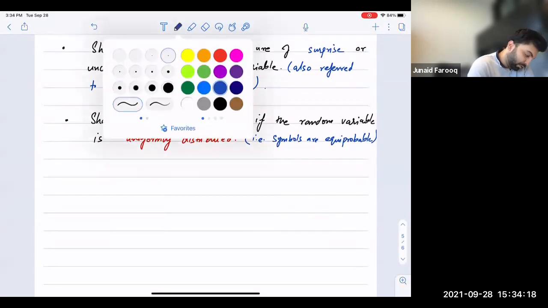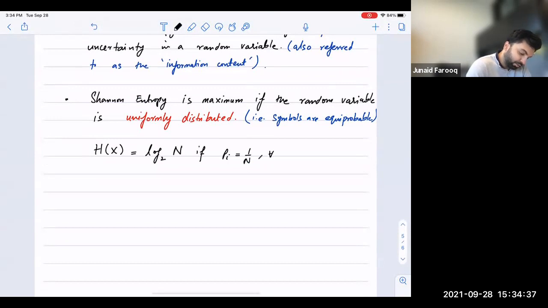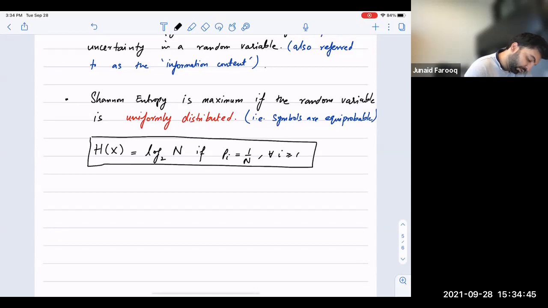Okay, so I can write this as H of X equals log 2 of n if p_i is 1 over n for all i. So that's the result here.